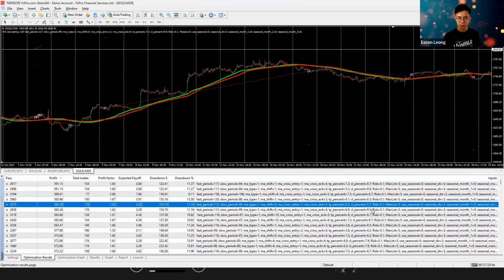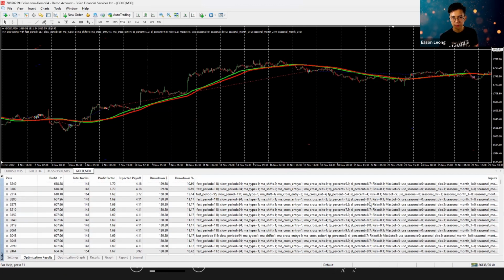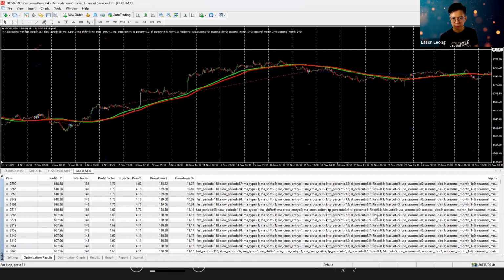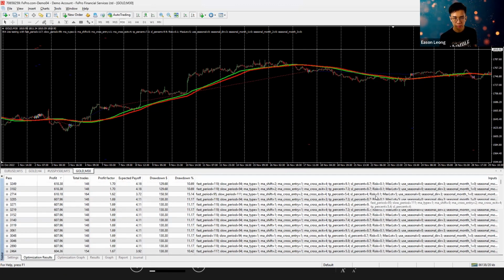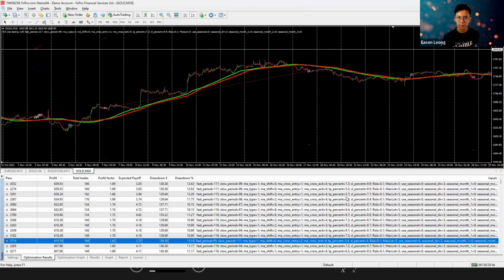So actually this one seems to be better, or even this one, because the stop loss is only 6.5%. Hey, we got a 4% one. Yep, this one. The stop loss is only 4%. Take profit is 5.4%. Pretty good. So I double click, run it and test.